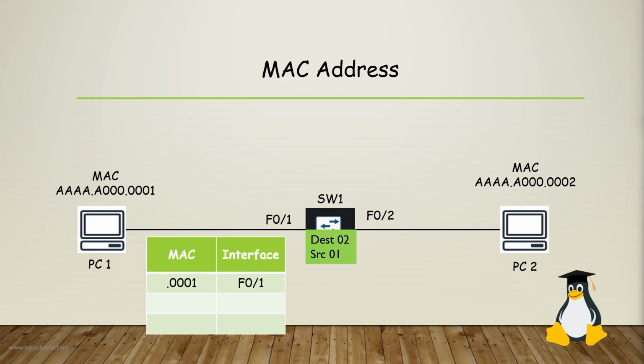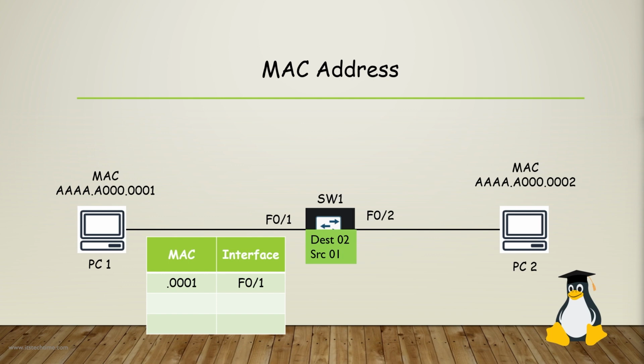As you can see from this table, switch 1 added the MAC address of PC1 to its MAC address table and labeled it as coming from interface F0/1. This is called a dynamically learned MAC address, or just dynamic MAC address, because it wasn't manually configured on the switch. The switch learned the MAC address itself. Every switch will keep a MAC address table similar to this, and the switch will fill the MAC address table dynamically by looking at the source address of frames that it receives.